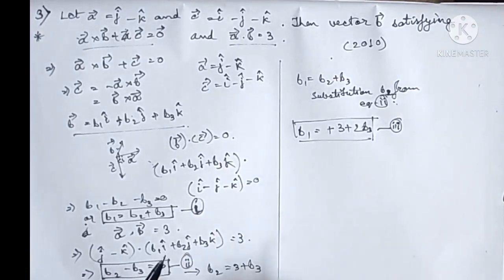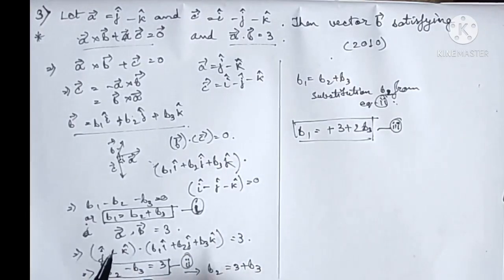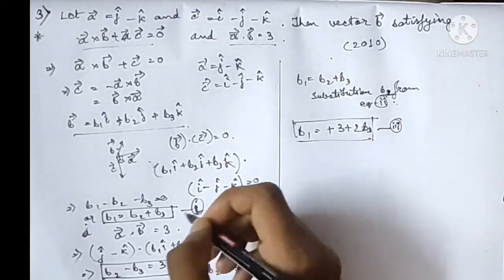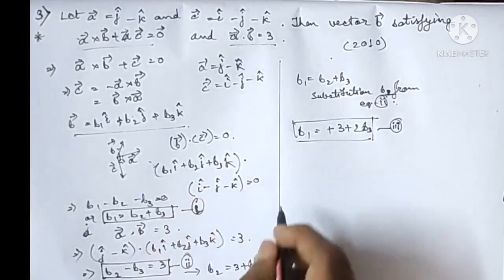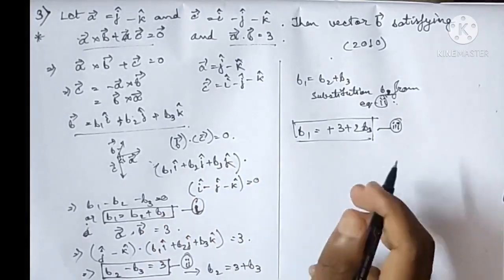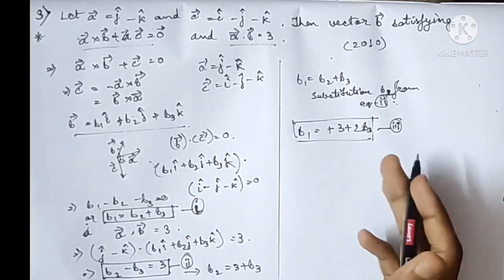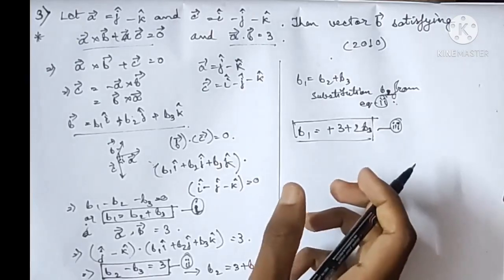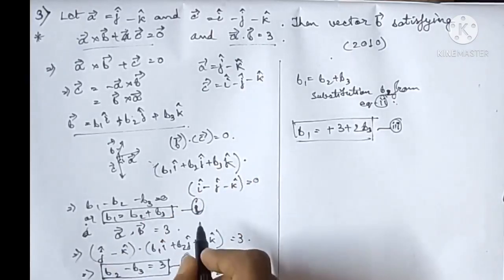Now we will do one last thing. We see, we are having b1 in terms of b3, we have b2 in terms of b3, and b3 in terms of b3 is just b3. Okay, so we can just put all these terms in any one of the equations.